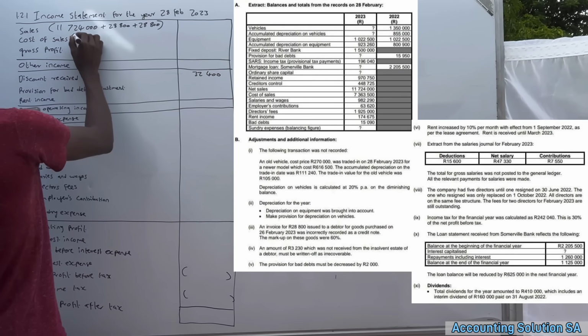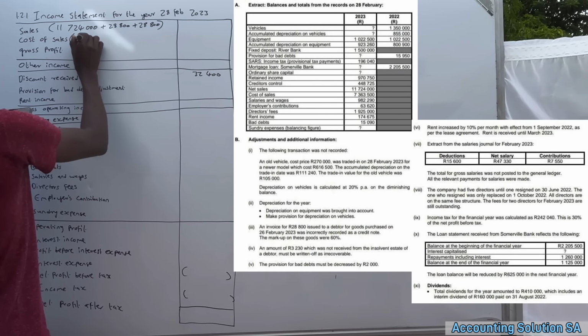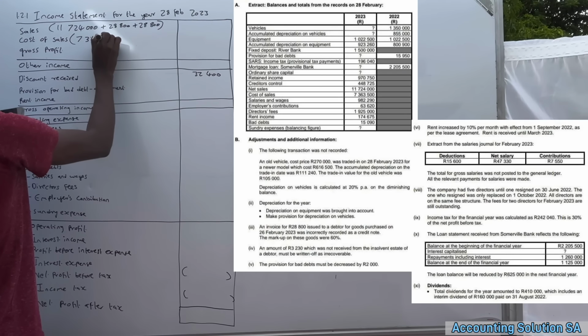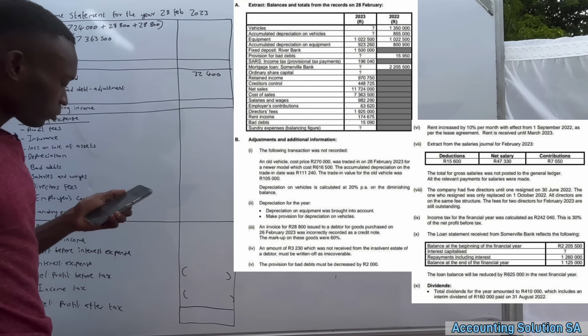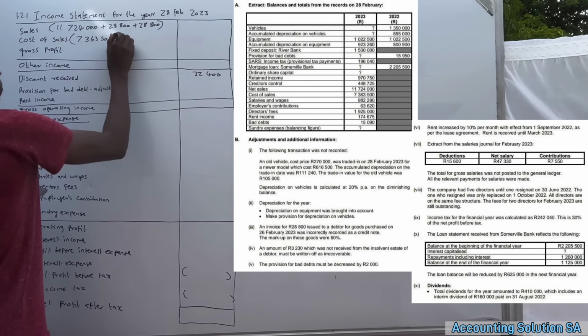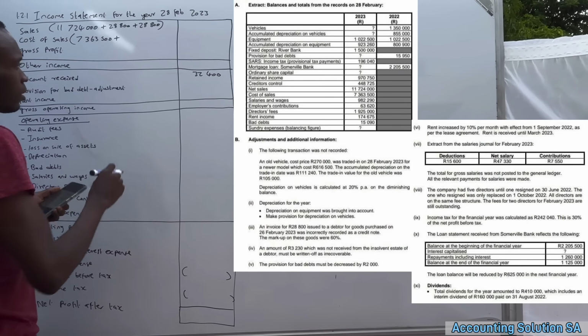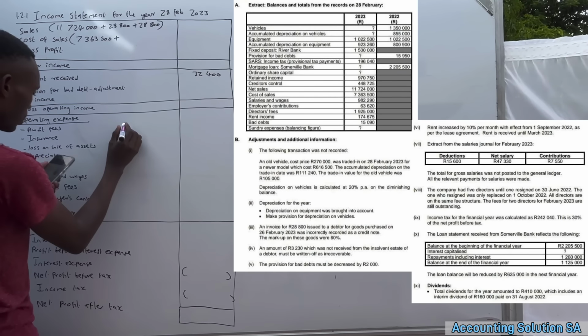Okay, then the cost of sales amount is 7,363,500. Now what do we do? We have a markup of 60%. Very simple. Let me show the calculation here.